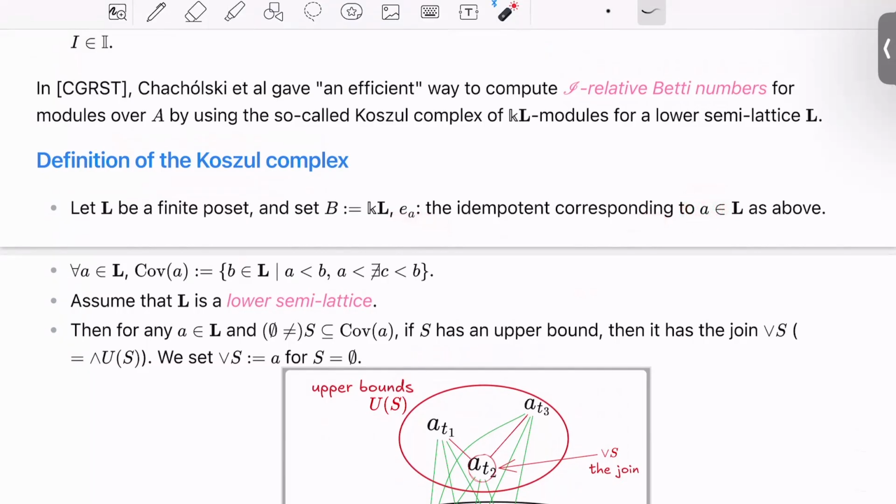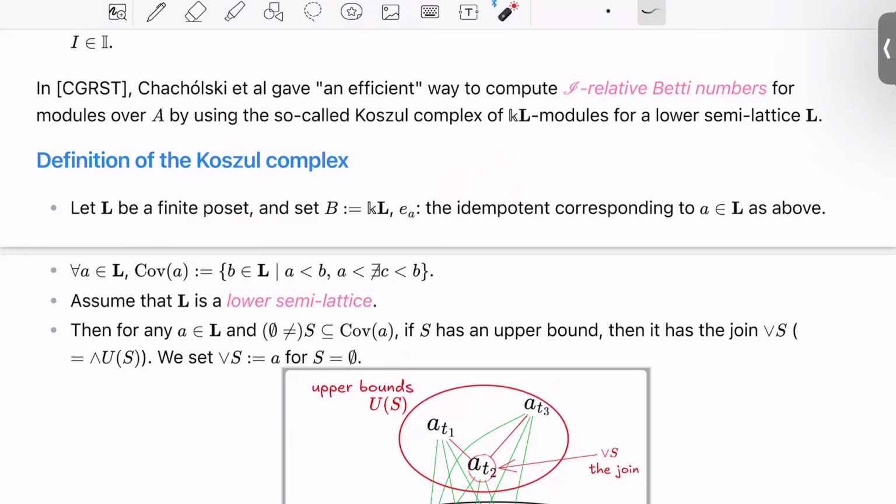Here L can be seen as given by a quiver with relations, whose quiver is the Hasse quiver of L, and whose vertices are the same as the elements of L. So the indecomposable B-modules are now e_a B, right B-modules. The indecomposable projective has this form.